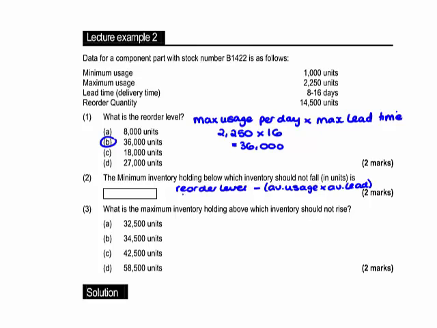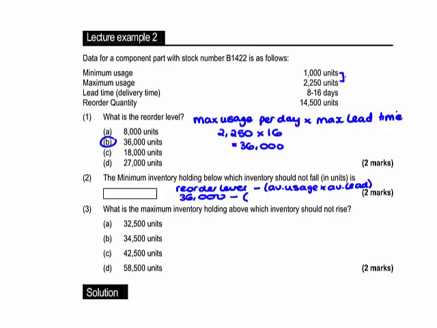So here we've worked out the reorder level to answer part 1, but it might be that for one question you first of all have to work out the reorder level and then apply it to the formula for minimum inventory. And the average usage per day is the average then of the maximum and minimum.